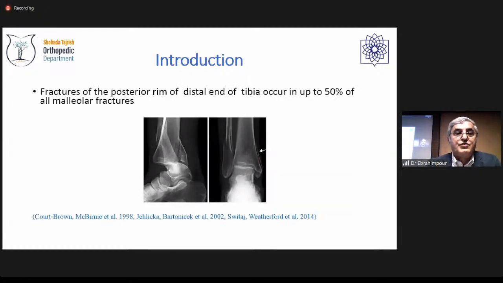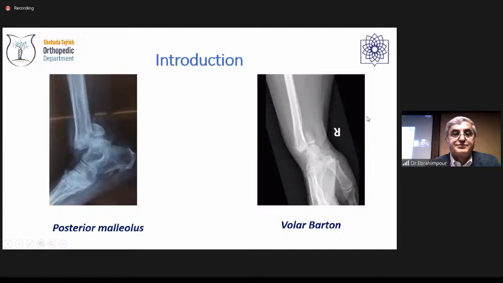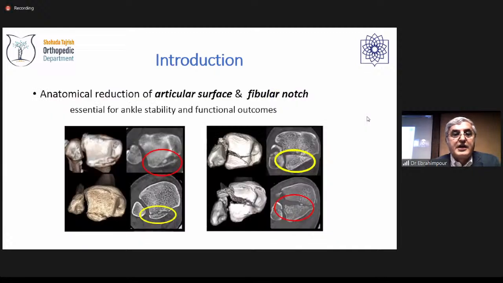As you know, this fracture occurs in up to 40 to 50% of all malleolar fractures. For me, posterior malleolar fracture is something like a volar Barton fracture. I always compare it in my mind, and my discipline for this fracture is the same as for volar Barton.